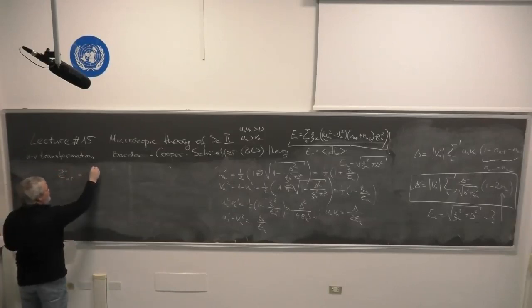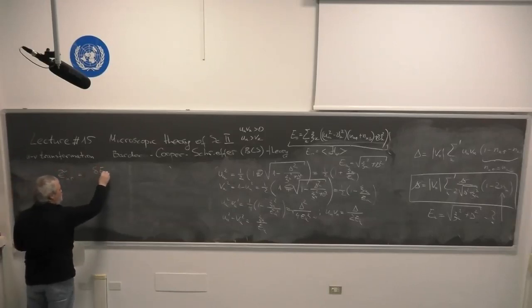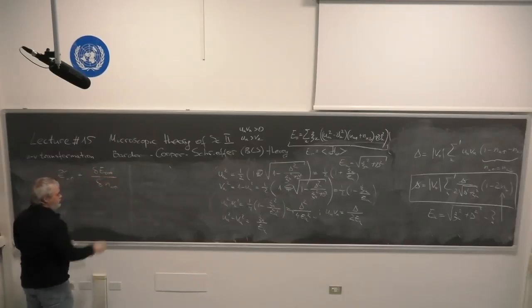It is the variation of the total energy with respect to the distribution function n k up.